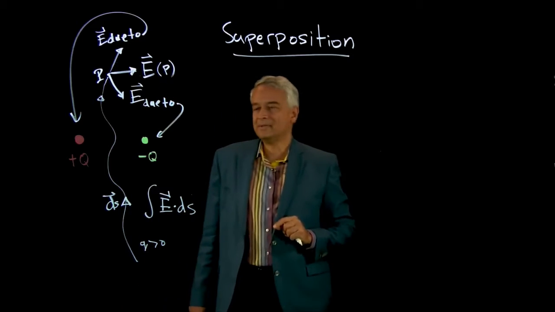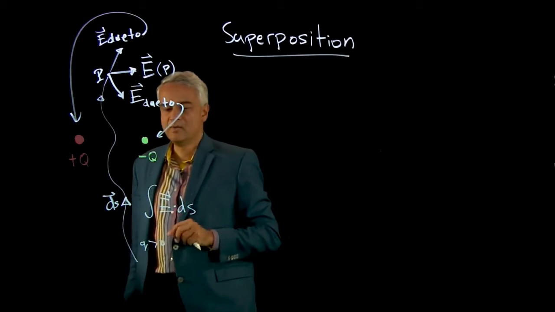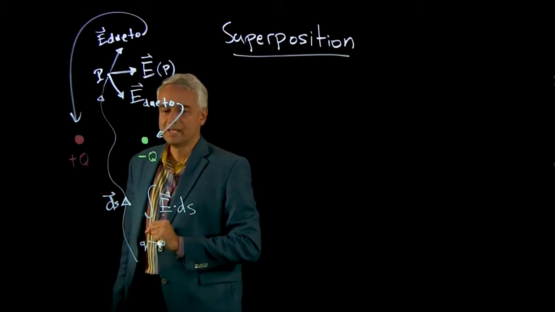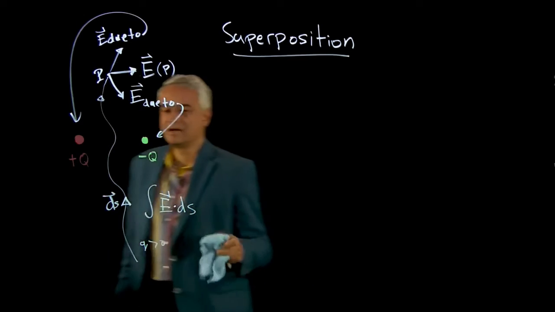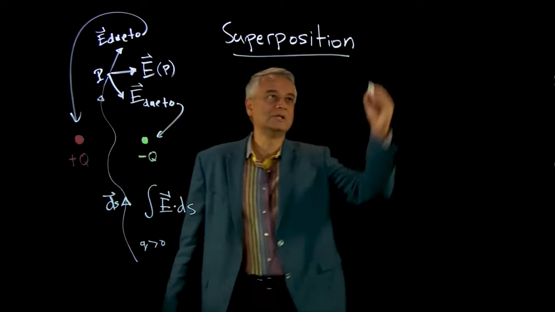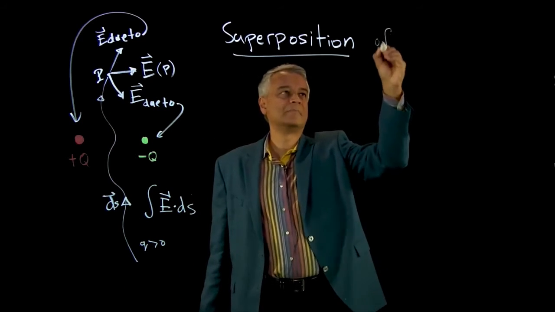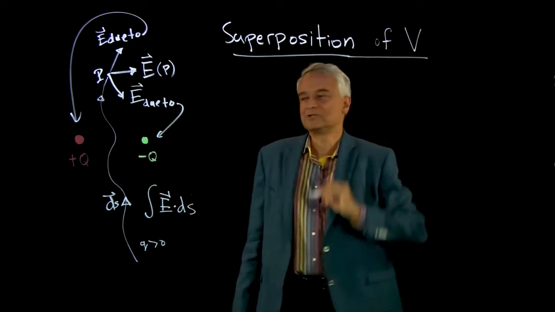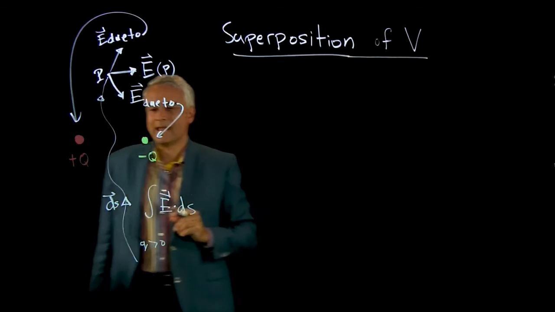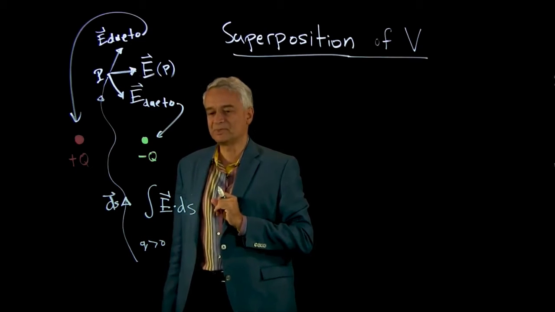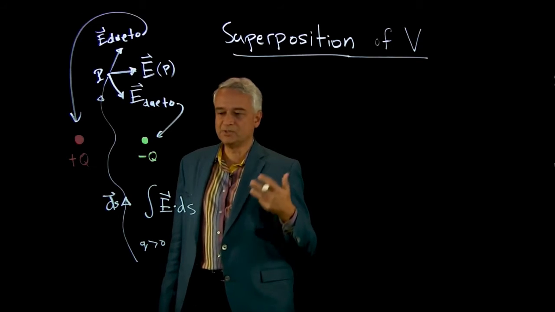And then the last step that we just took, we took potential energy and we divided out the test charge Q. And when we divided out the test charge Q, what we derived was the electrostatic potential. That's what I want to end with. I want to talk about the superposition of electrostatic potentials. Because the potential energy satisfies the superposition principle, how do I go from energy to potential?